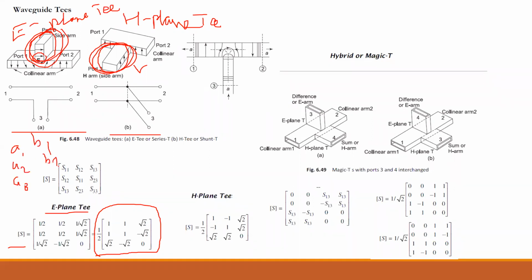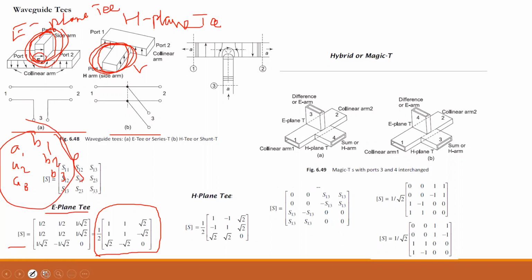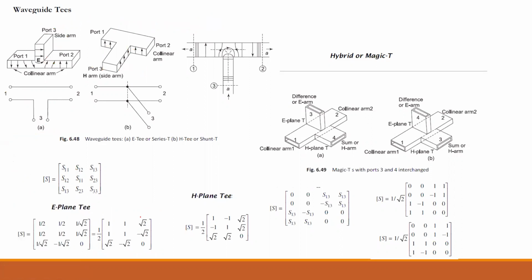Similarly, we have B1, B2 and B3. Since we have three ports, we need to consider all three ports and establish the relation between these, and in the end we will be able to obtain this representation for the S matrix, wherein we have half into 1 over square root of 2 as the overall parameter.